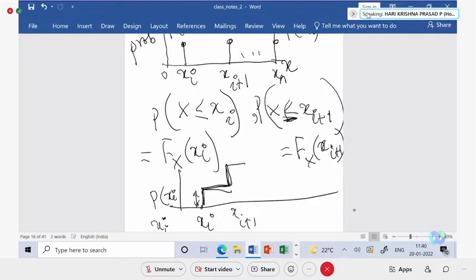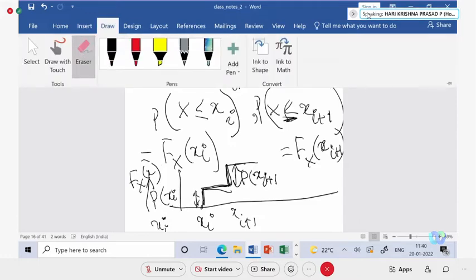At x equal to xi plus 1, there is still a jump in probability. How much of a jump is this? It is equal to P of xi plus 1. Like this, the distribution function keeps growing. So along the y-axis, I am plotting the distribution function. Let me erase this.